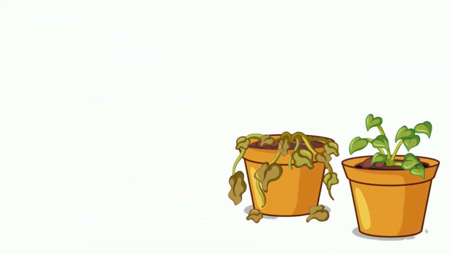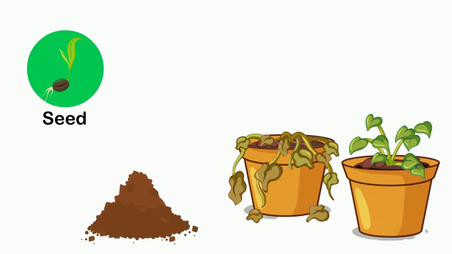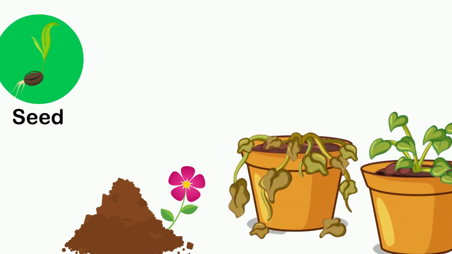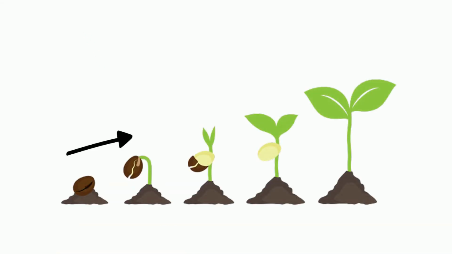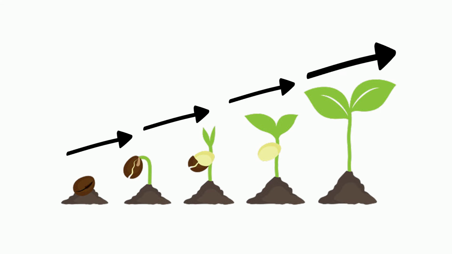The plant eventually dies, leaving seeds which germinate to produce new plants. In some cases, the process is slow and the changes are gradual. Let's have a look at each stage of a plant's life cycle in detail.